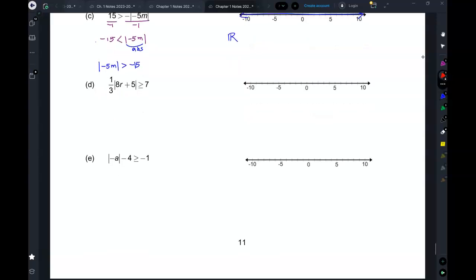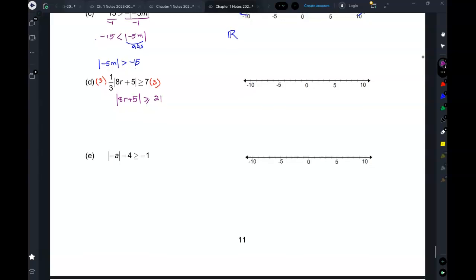Okay, let's do the next one. I'm going to multiply by 3 on both sides. 8r plus 5 is greater than or equal to 21. Okay, and or. So tell me, 8r plus 5, how do I say it?